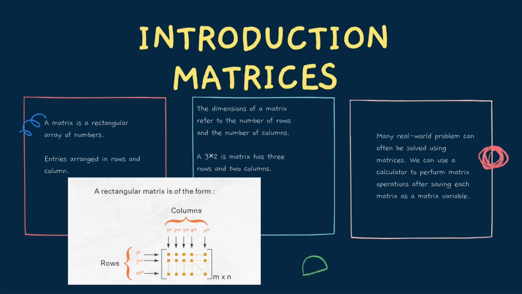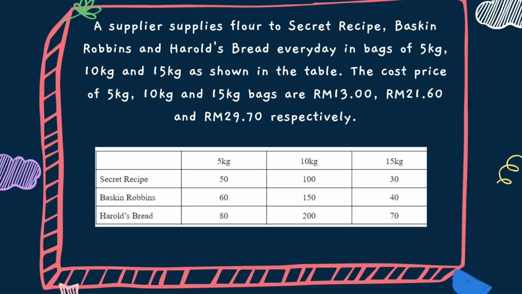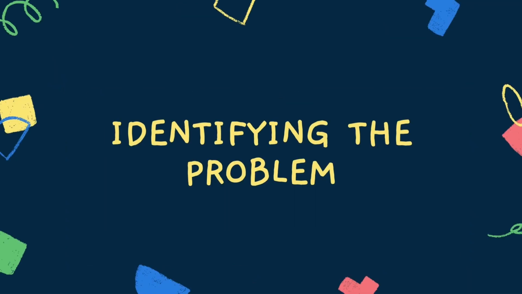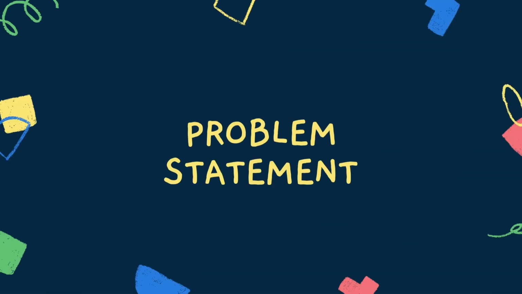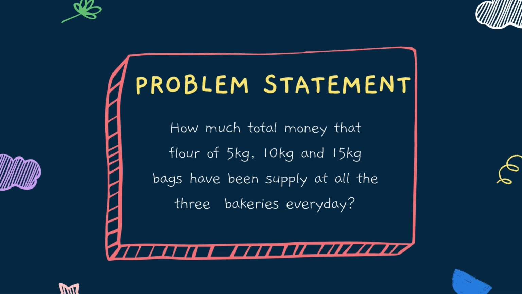Many real-world problems can often be solved using matrices. Let's go through the problem statement. How much total money for the 5 kg, 10 kg and 50 kg bags have been supplied at all the 3 bakeries every day?